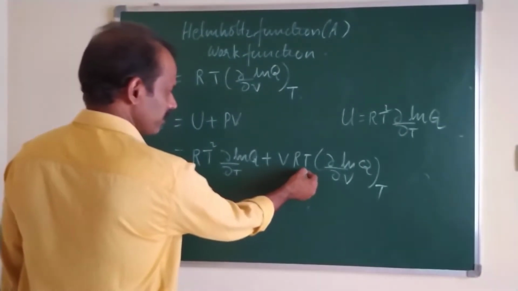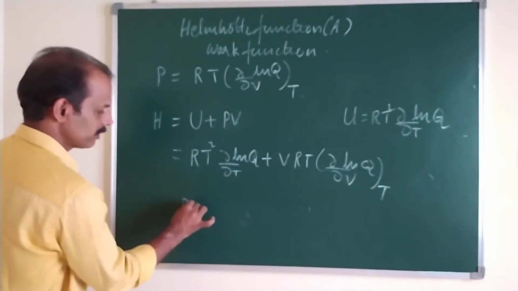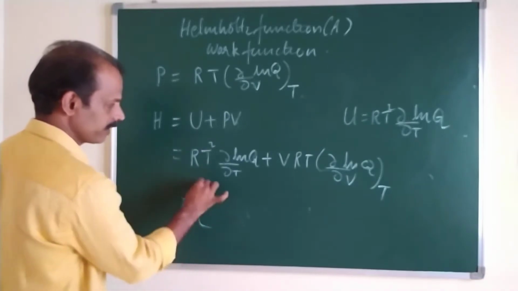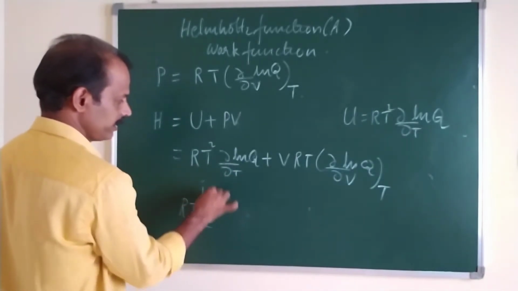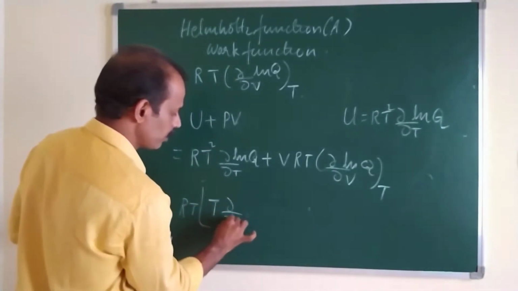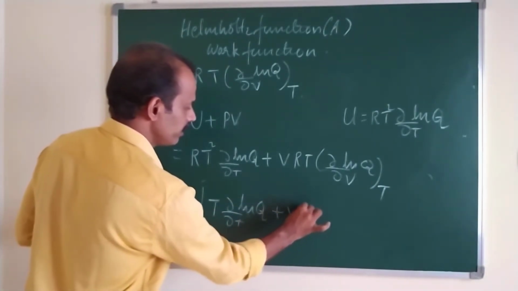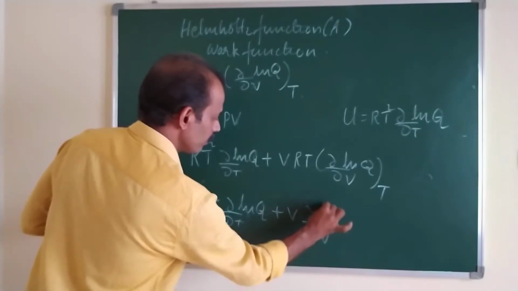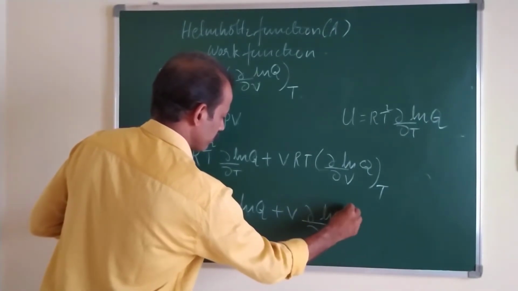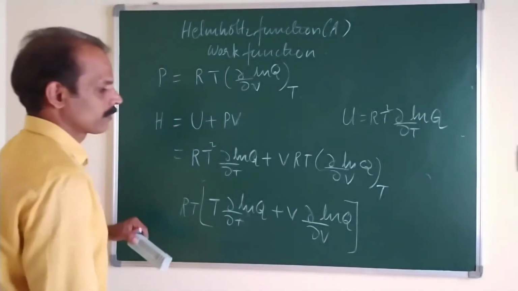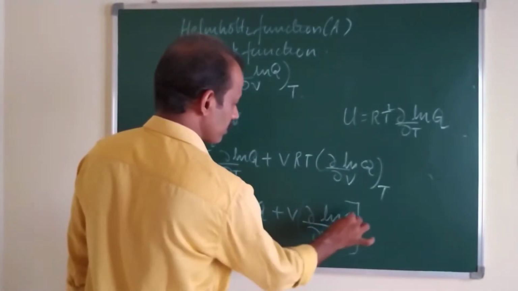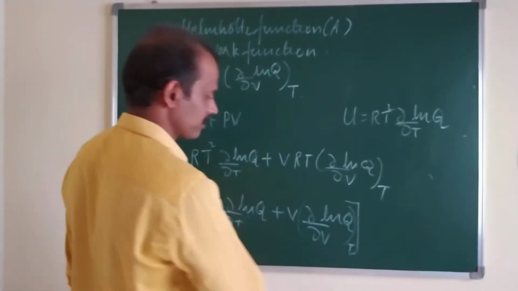Taking RT out, that is then RT times T dou by dou T ln Q plus V dou by dou V ln Q, at a constant temperature.